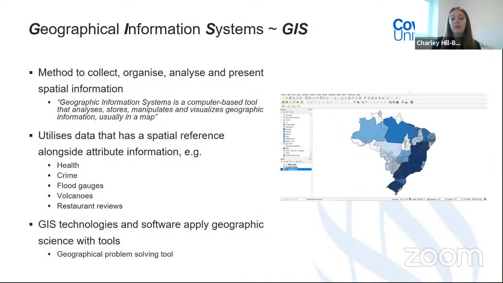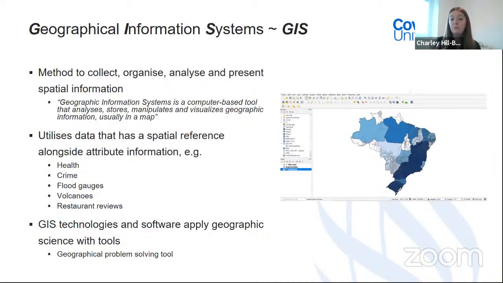What we have with GIS is the ability to use that tabulated information, if it's associated with a spatial reference, to begin to present that as a map, to organise it, present it, and to begin to analyse it as well as a map. And that information can be quite varied. Here in the example, I've visualised some data for Brazil.